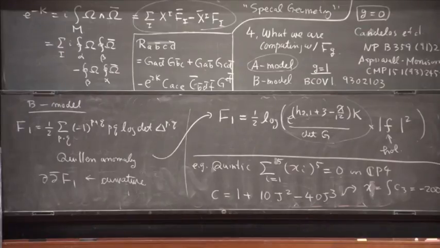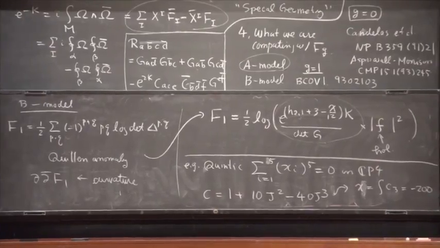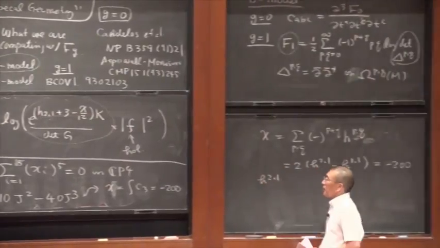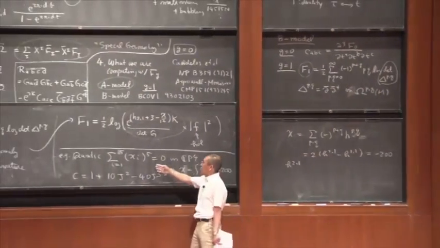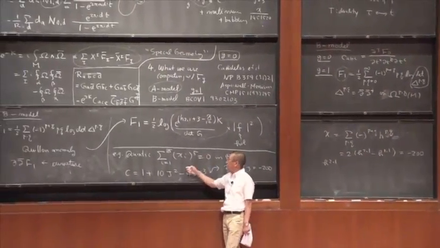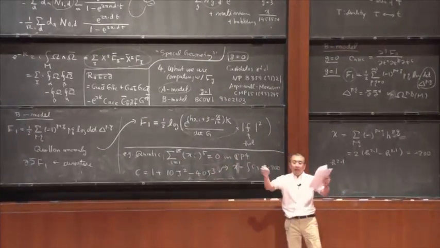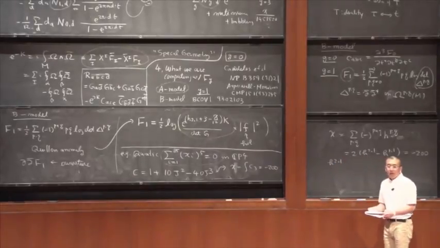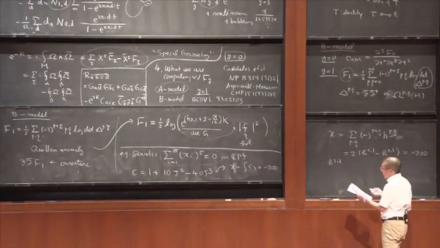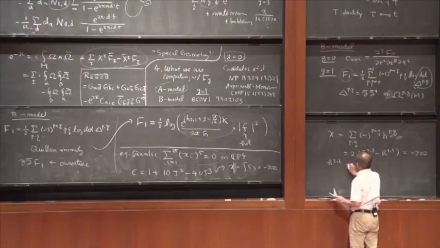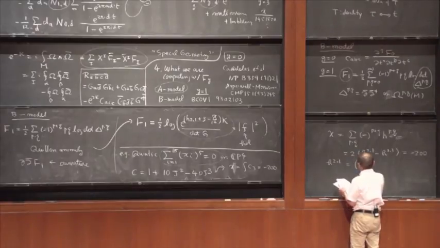But we also know in the case of quintic, what is h21? Because h21 is a complex moduli space, which is basically the way you can deform this quintic polynomial by adding any degree 5 monomial to it. So you just need to count the number of monomials of degree 5, and it's a very simple exercise to do that.